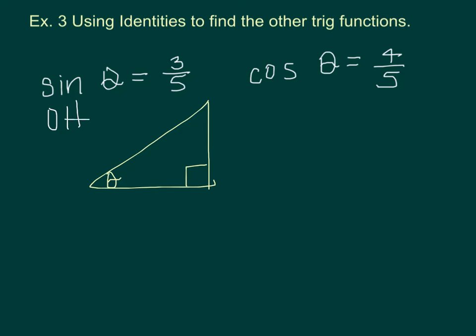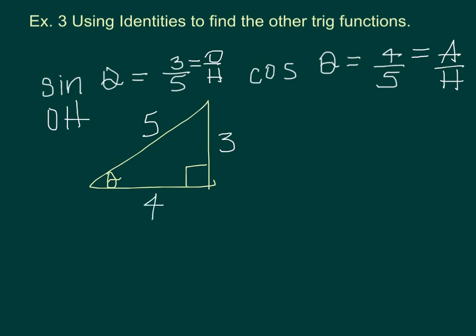So let's label this. This is O, this is H. So opposite 3, hypotenuse 5. Cosine is adjacent over hypotenuse. Adjacent for hypotenuse we already have.